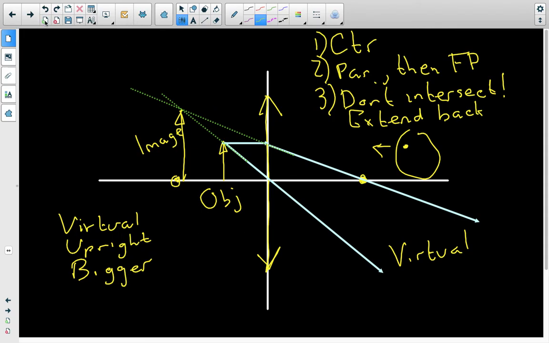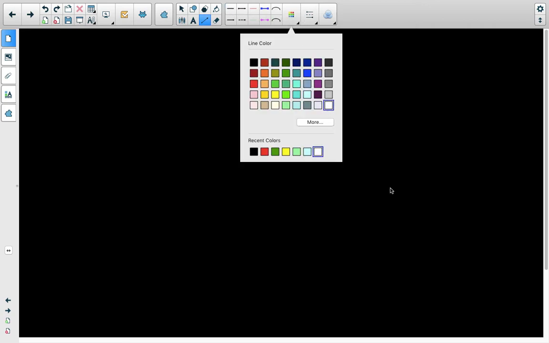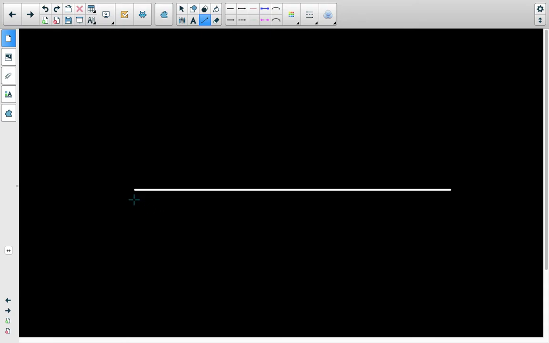Now I'm going to do the same sort of thing, but for a diverging or concave lens. Principal axis, optical axis, and we draw this a little differently.